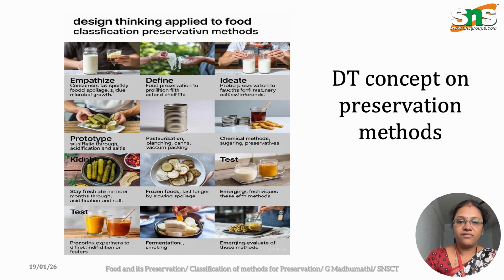By that we can define it, and after defining we have to ideate. We can ideate what ways and means, or techniques, are available to extend the shelf life of the particular foods.